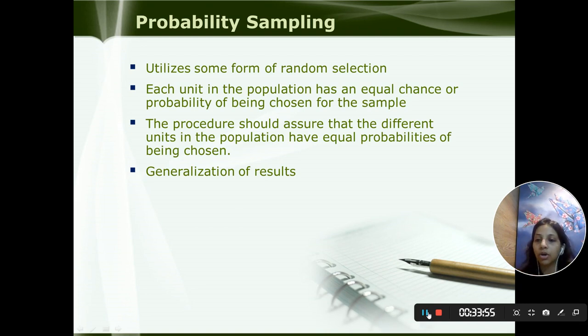So there are fewer chances of bias as compared to non-random sampling. The procedures should assure that the different units in the population have equal probabilities of being chosen, so that the results you get are bias free and can be conveniently extrapolated or generalized to the target population. Generalization of results is more acceptable with random sampling.